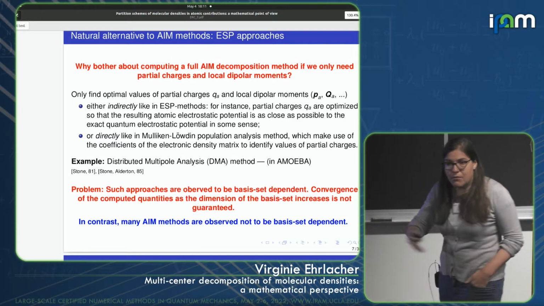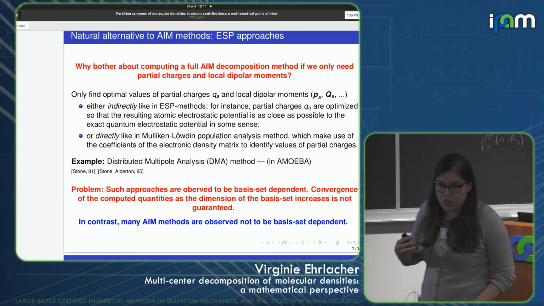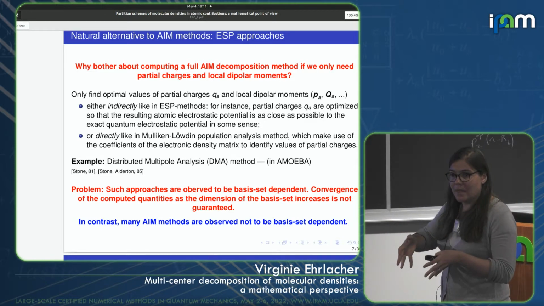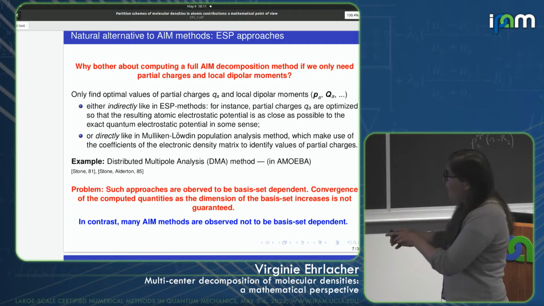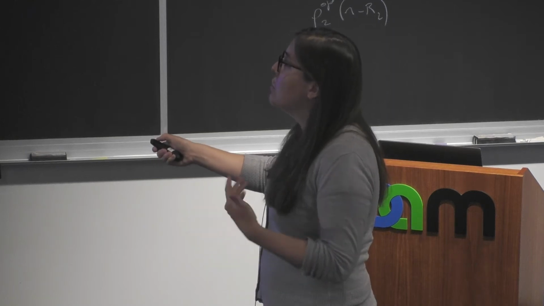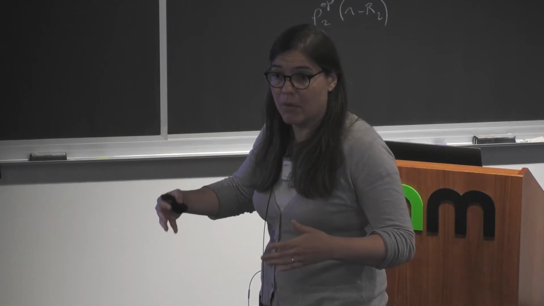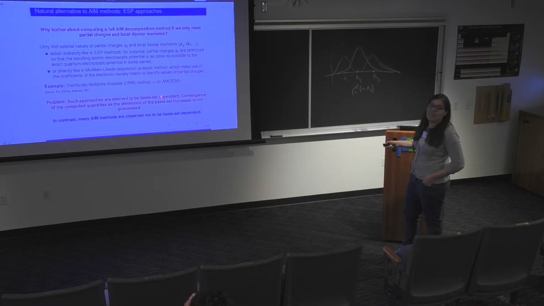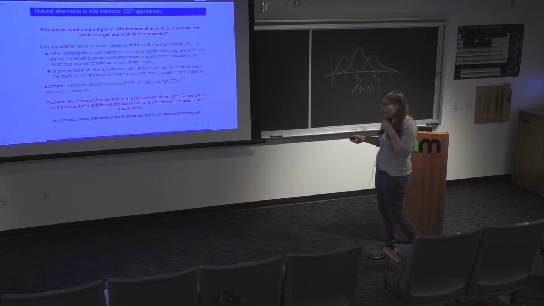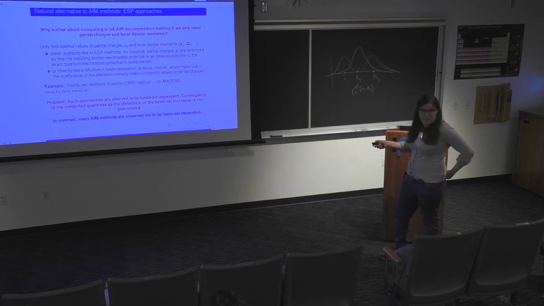If you're doing your DFT calculations, what you would like is that as the dimension of the basis sets grows and increases, the values of the partial charges and all the dipolar moments converge at some point with the dimension of the basis. However, this is not always guaranteed, and I'll show you in a numerical test later. For instance, for this DMA method, we have surprises as the dimension of the basis increases, which is, of course, not a desirable feature of this kind of approach.